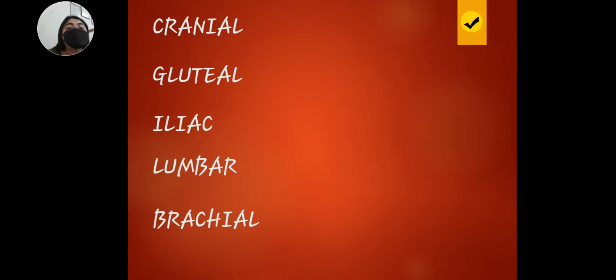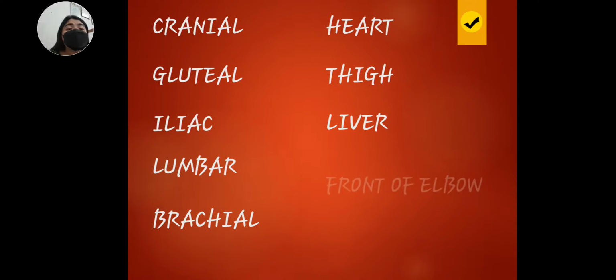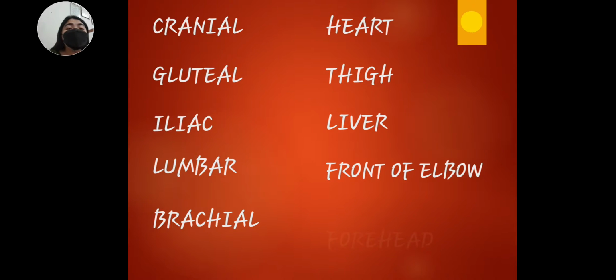Give me the terminology of heart, thigh, liver, front of elbow, and forehead. Again, in this part, give me the terminology. For the first part, give me the definition. This time, give me the terminology of heart, thigh, liver, front of elbow, and forehead.